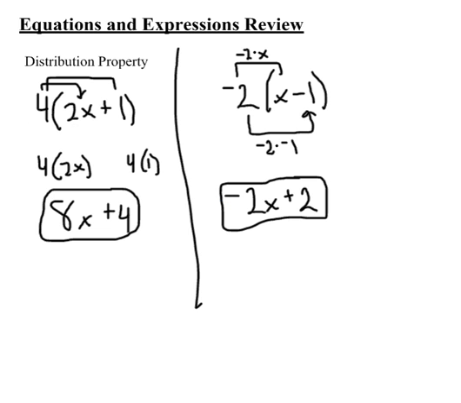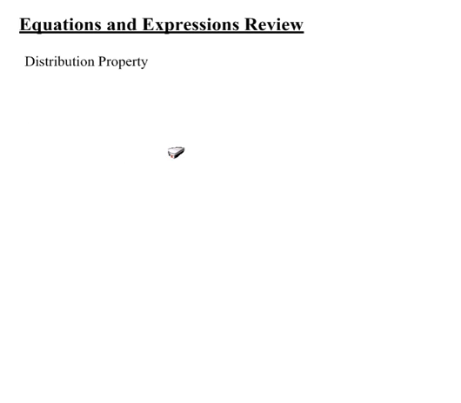All right, let's look at a new approach to the distribution property here, and we'll look at it as a combination of combining like terms and distributing. So let's do 3 times x minus 1 minus 2 times x plus 1. Now this looks longer.